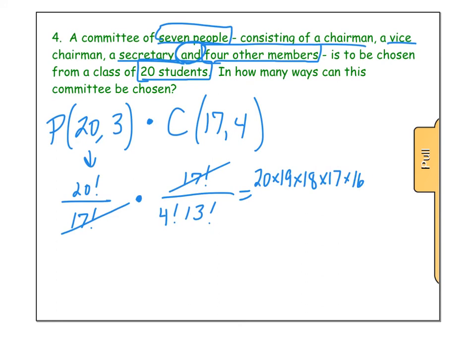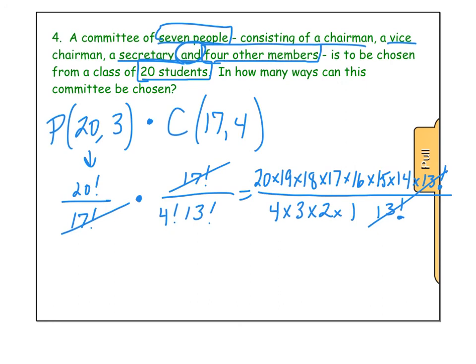Once I get to 13, I can stop. 13 factorial I could stop there because it will cancel off and reduce with the other 13 factorial on the bottom. Now, I also have 4 factorial. Can't forget about that. So I write it out. And now we get our calculators out.